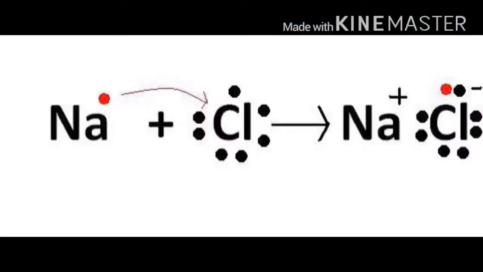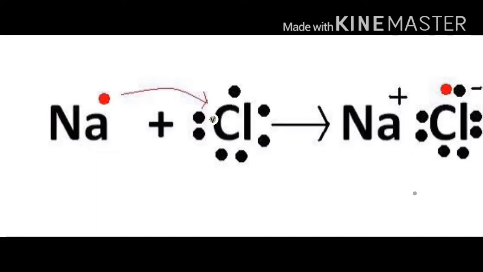For example, in the case of NaCl, when Na loses one electron, it forms a cation, and Cl negative gains one electron, acquires a negative charge, and is called an anion. So cations are positively charged and anions are negatively charged ions.